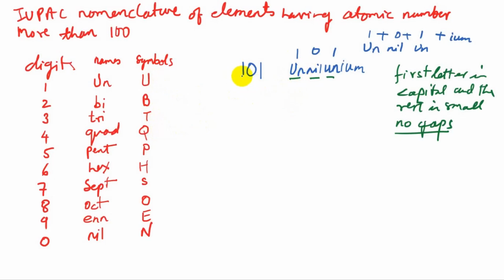The first one is 1, which means I will take U. Then the second one is 0, so I will write down N. And again 1 means U. Again the first letter is capital and the rest all are small. Clear? So first letter capital, all others small. So if I write U, N, U, that means that is the element with atomic number 101. Had it been 102, what will be the name and symbol? All of you write it down.